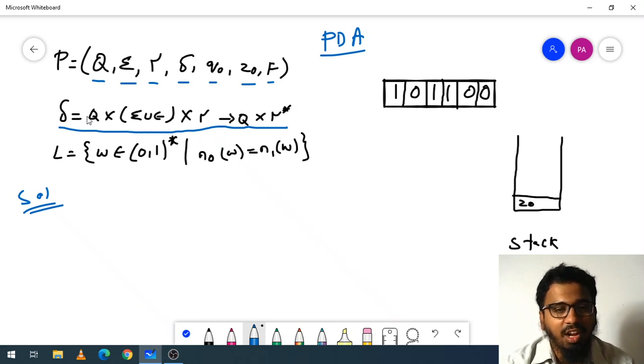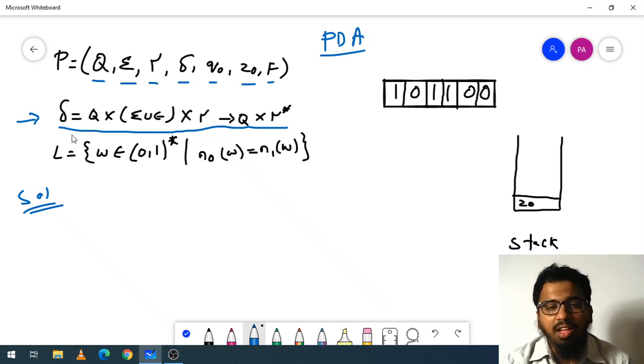So this is delta, and this is the transition function. Q0 is the initial state, Z0 is from the stack, and F is the final state.